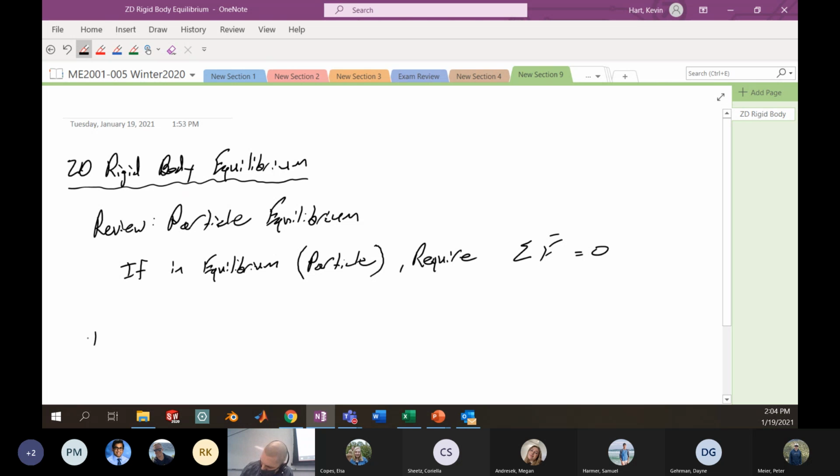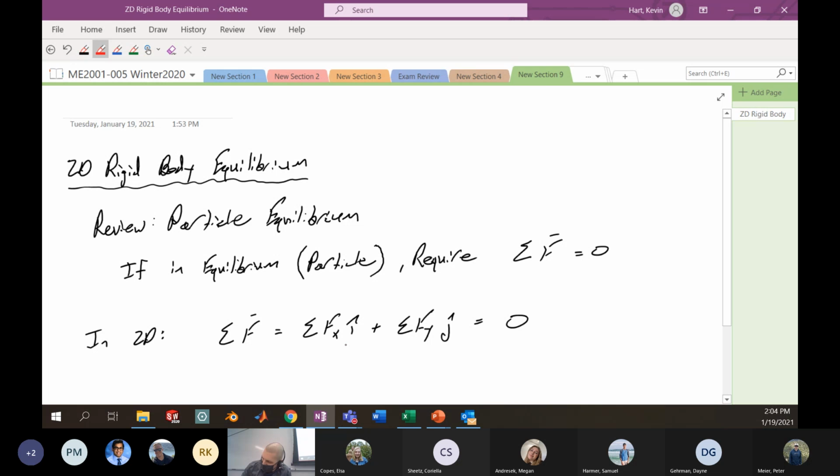And so in 2D, that was the sum of the forces, which we generally said was the sum of the forces in x, i hat, plus the sum of the forces in y, j hat, had to be 0.